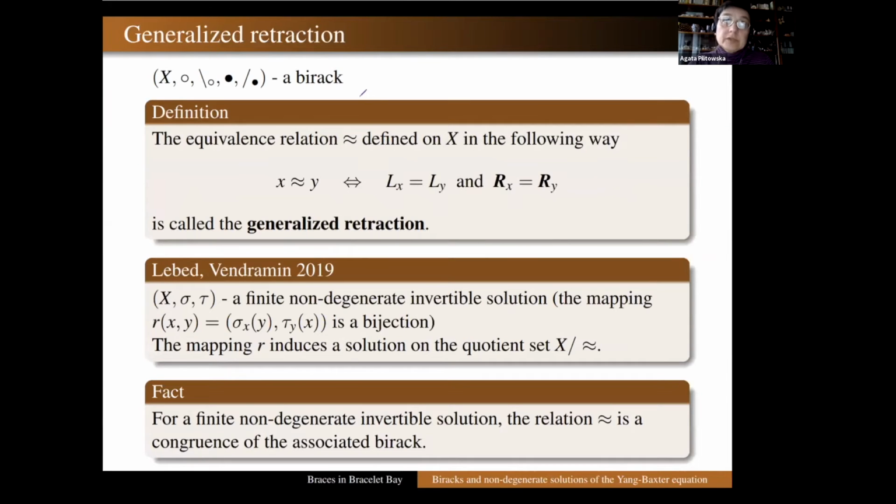For an arbitrary Birack, this new equivalence relation we will call a generalized retraction.